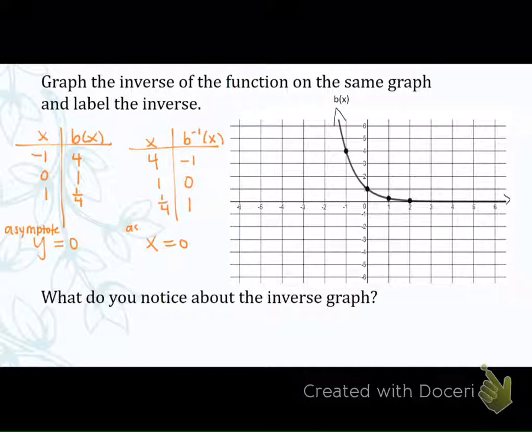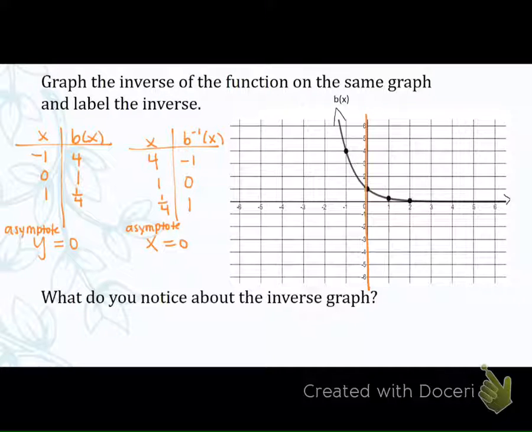Okay, so if you switch x with y, that's what the inverse means, Connor. I literally changed y here into an x. So x equals is our vertical line. So we're going to have an asymptote here for our inverse. And then we're going to plot the points.